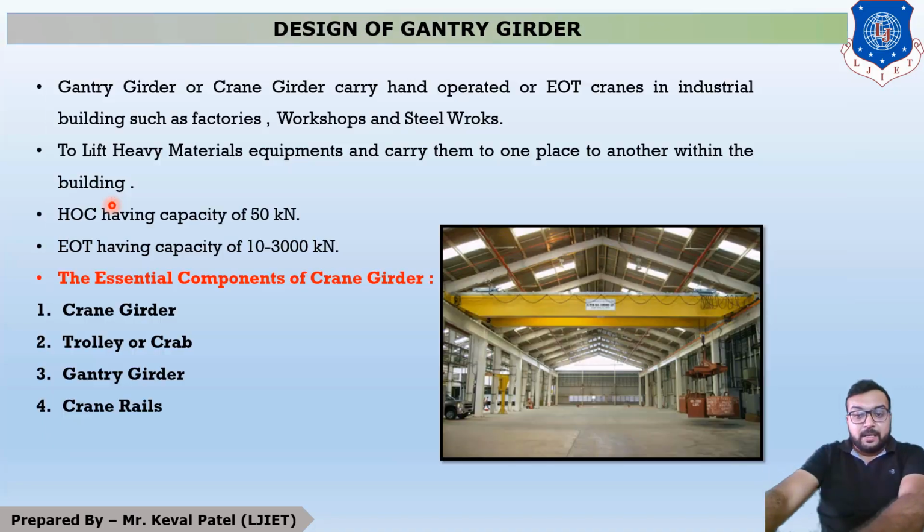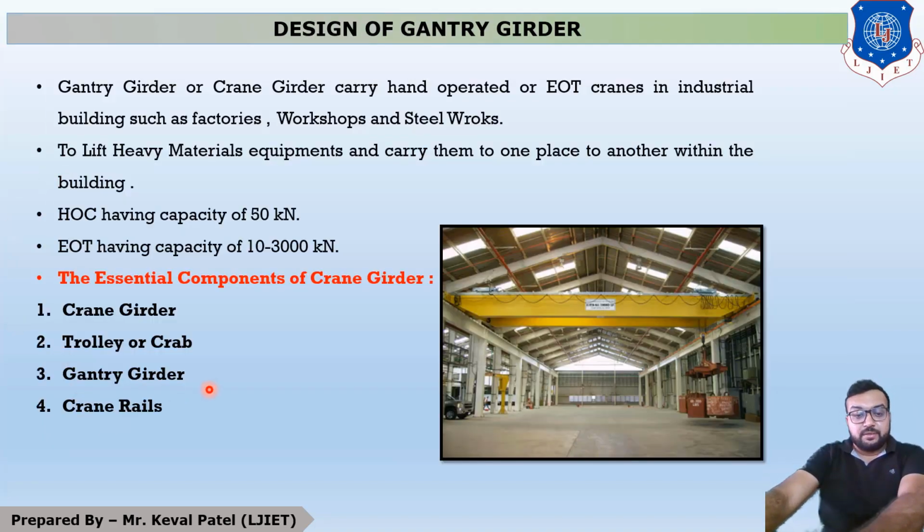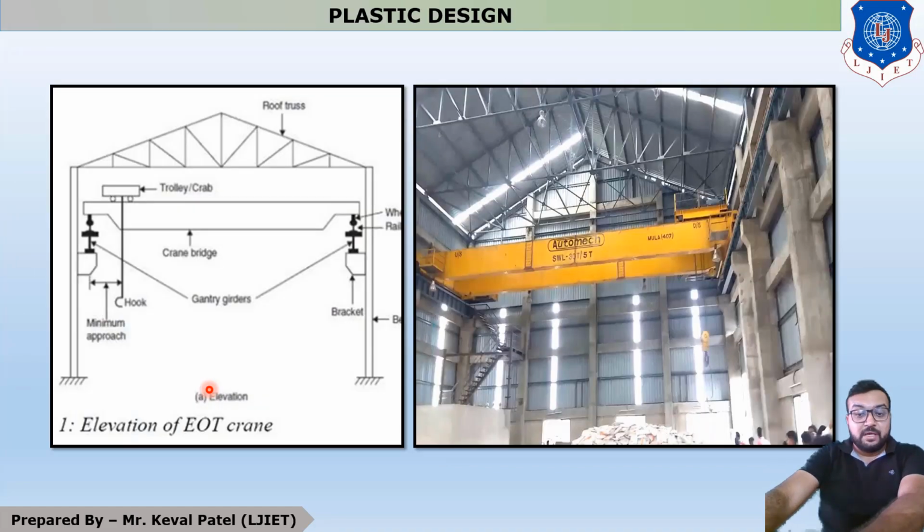Now you can see that there are four main members, in which the first is the crane girder. This yellow color is your crane girder. The second one is the trolley, which moves horizontally on the crane girder. The third one is the gantry girder. This is your chapter's name. The beam on which this crane girder rests is called a gantry girder.